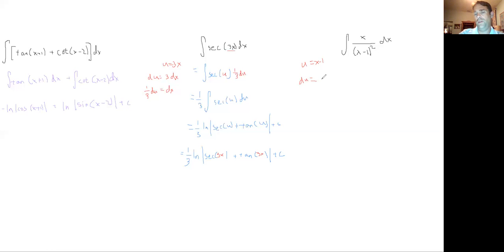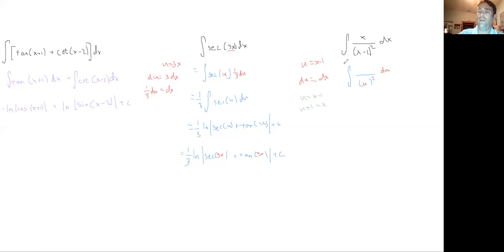If I let u be x minus 1, that meant that I had then u squared du. But this x up here is still bugging me. But if you remember what we've done before, if I still have an x left over after a u sub, go back to where you did your u sub and solve it for x.